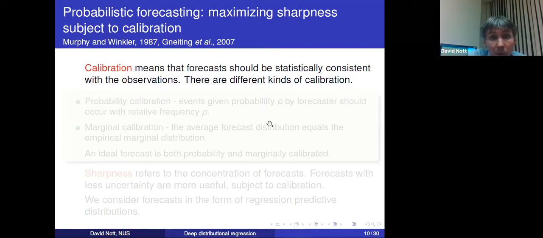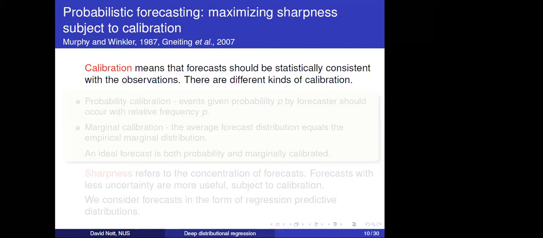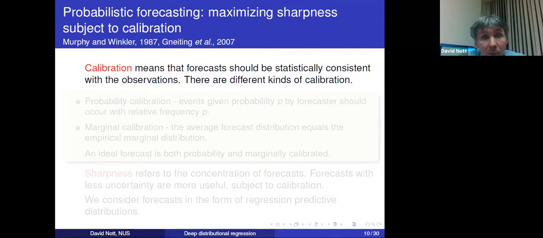There was a very influential paper by Gneiting and Raftery in JRSSB some time ago, and they proposed a framework for probabilistic forecasting based on the idea of maximizing sharpness subject to calibration. Sharpness refers to the amount of uncertainty in the forecast, and calibration refers to some sort of statistical consistency between the forecasts and the observations.